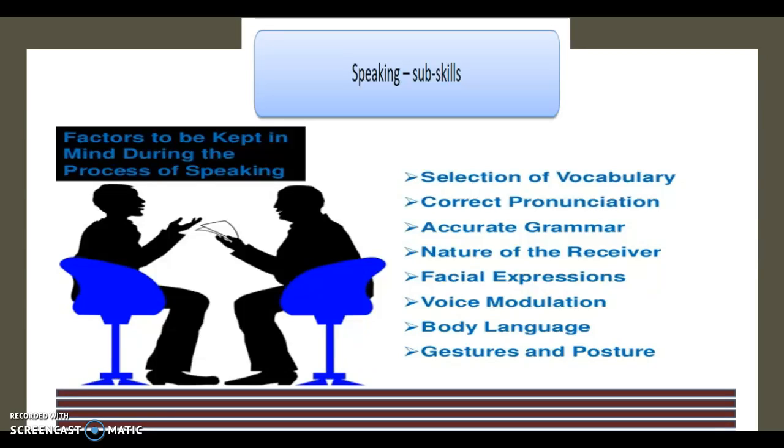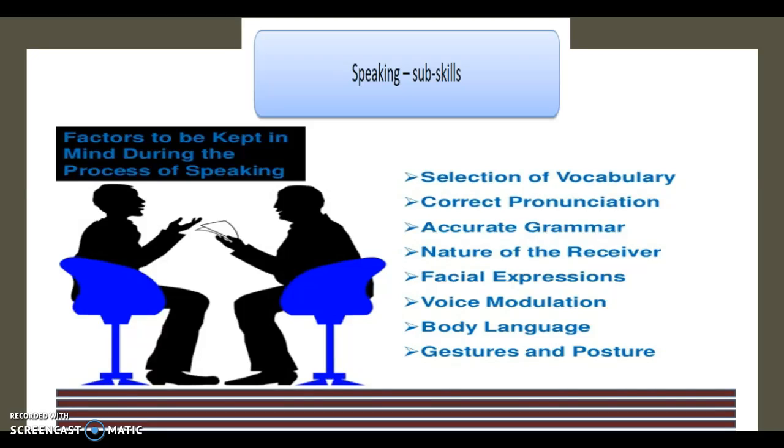We also have to teach them the correct pronunciation of words, accurate grammar, nature of the receiver, facial expressions. You know, we have spoken in class about this, that we can speak without voice, and that would be with gestures. How to modulate our voice, our body language, and of course, the posture whenever we're speaking.